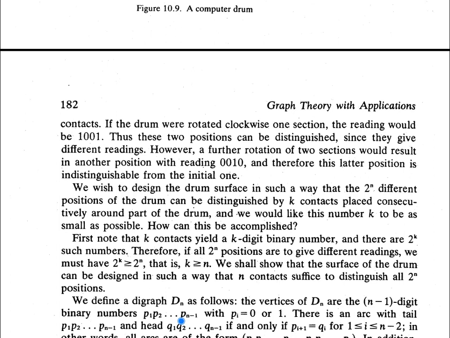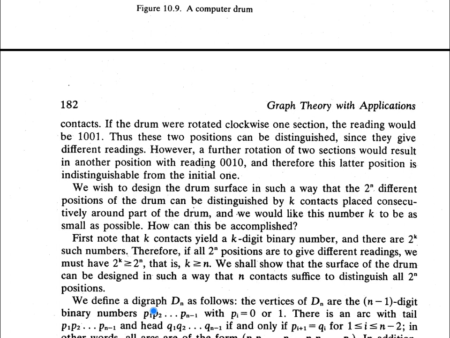Then you put an arc with tail the previous vertex and head the second vertex. Not only that, but you label that arc with the initial digit, the common block, and the final digit of the second vertex. Now you get a directed graph.